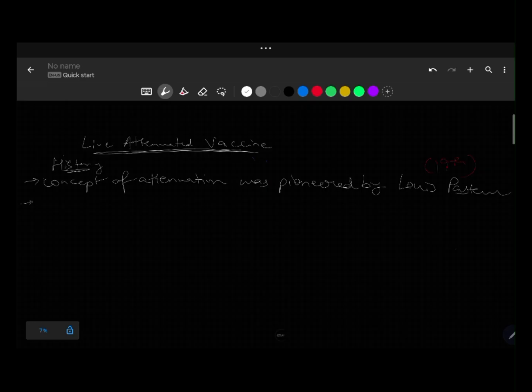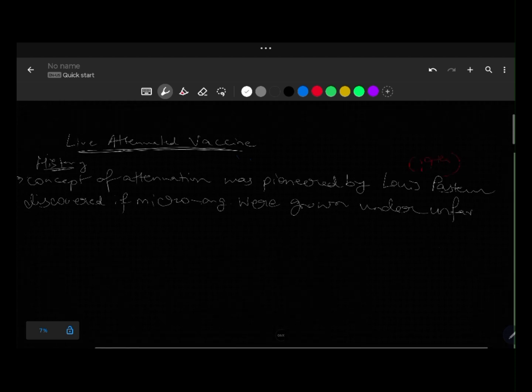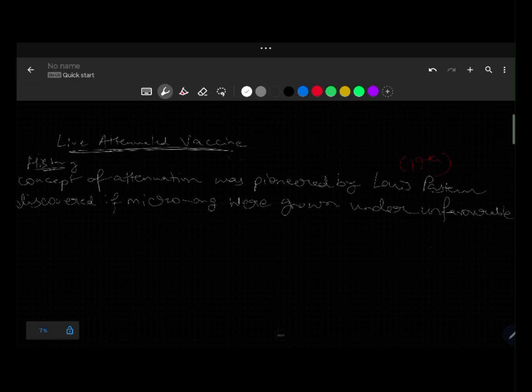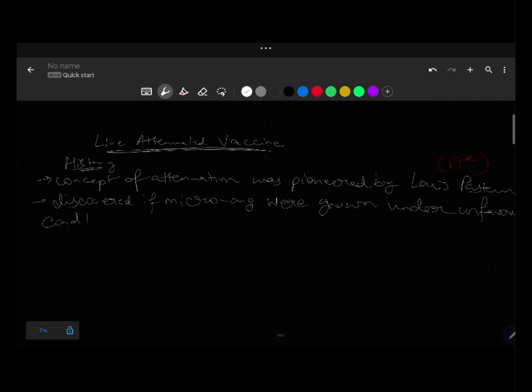Pasteur discovered that if microorganisms were grown under unfavorable conditions, they gradually lost their ability to cause the disease.